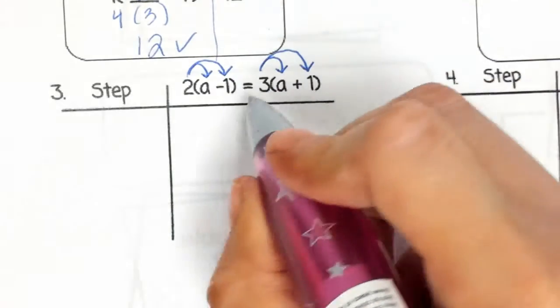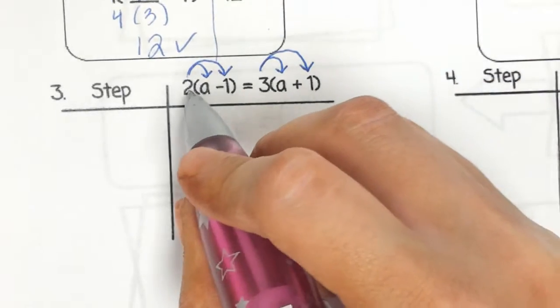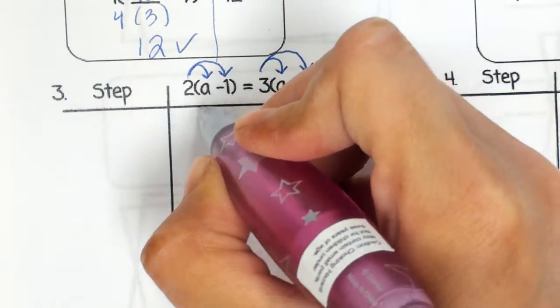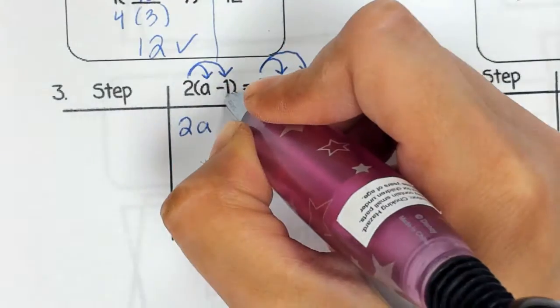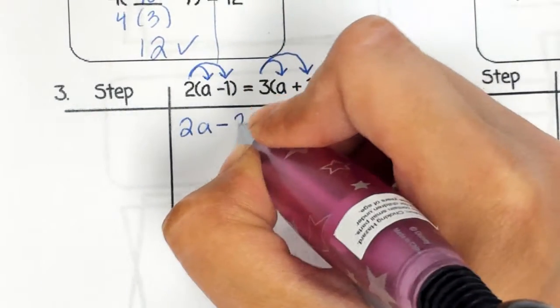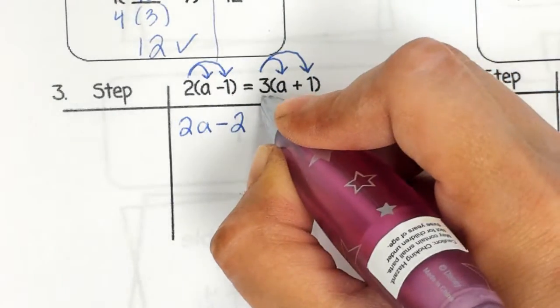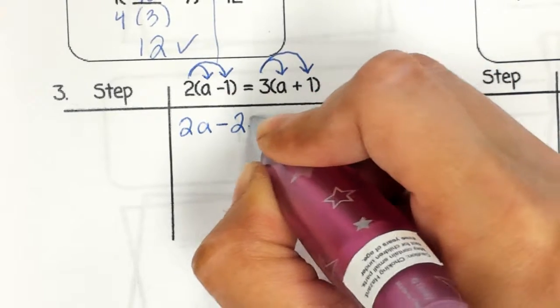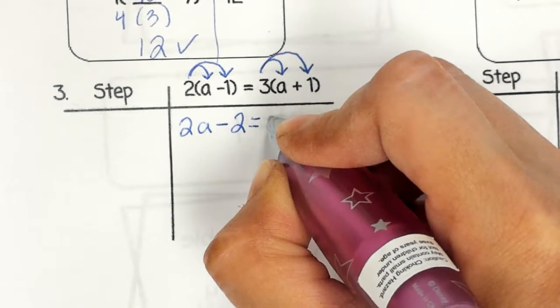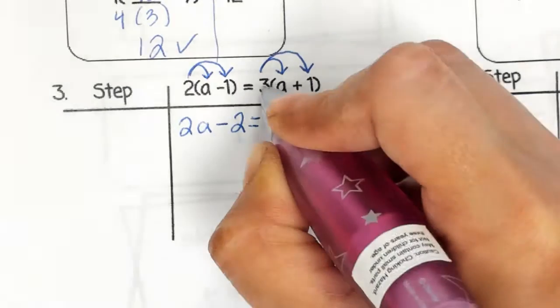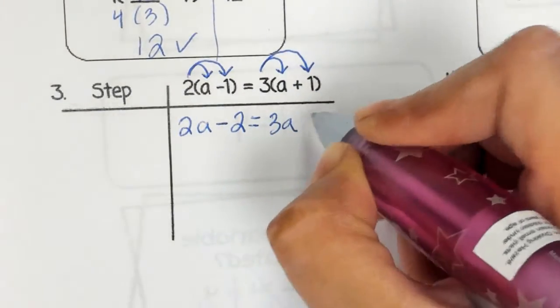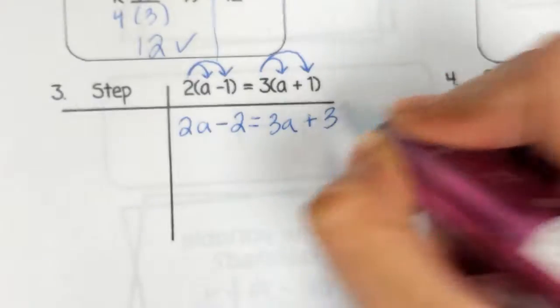So I'm multiplying the numbers inside the parentheses by the numbers in front of it. So 2 times a is 2a. 2 times 1 is 2. 3 times a is 3a. 3 times 1 is 3.